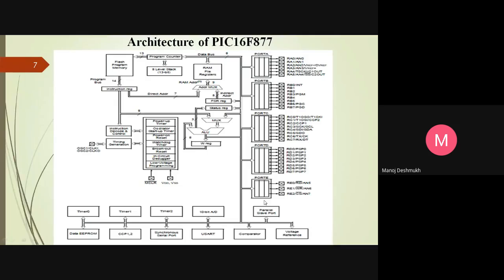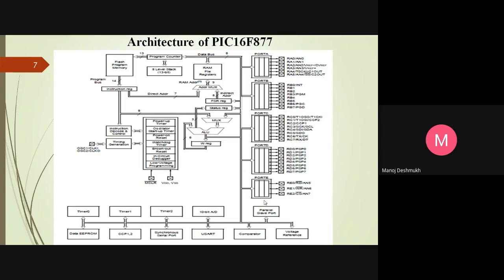Now let's see the architecture of the PIC16F877 microcontroller. We have just analyzed the architecture of the 8051 microcontroller. Here also the major blocks or functional sections are mentioned in the architecture of the PIC16F877 microcontroller.